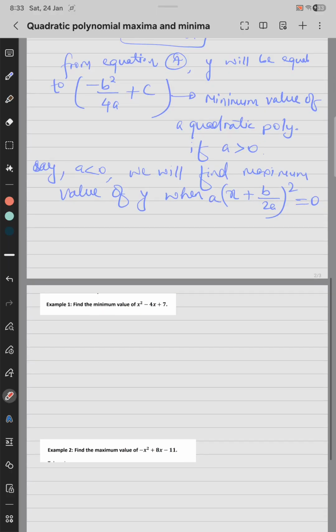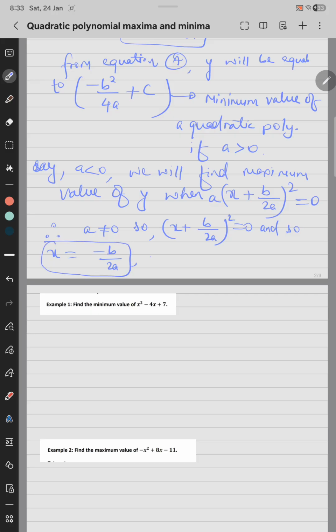We will make a into x plus b by 2a square equal to 0, and since a is not equal to 0, x plus b by 2a square is equal to 0, and so x is equal to minus b by 2a.